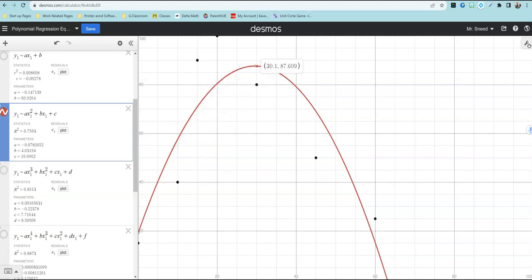I would target the highest point, which is like 29 and 88. I would target the start point, which was like 0.19, and then some low point on the other side, where it ends at like 63, right about 63 on the line. So from that you should be able to draw it yourself.